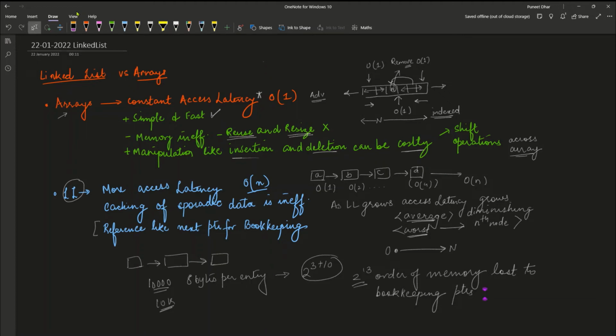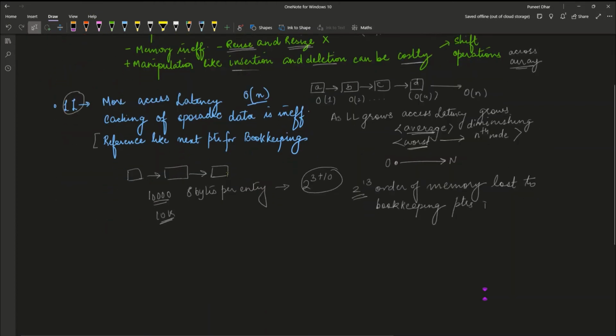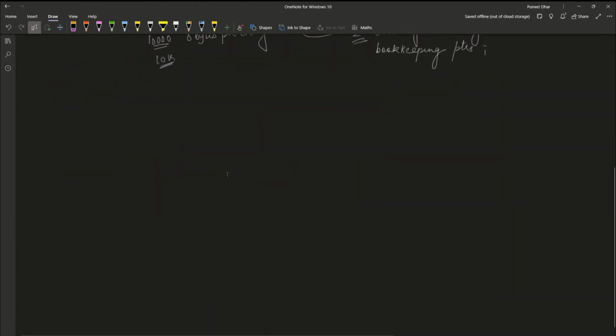So let's look further. Comparing the two operations between arrays and linked list, we will see that some operations are better here and some operations are better there.